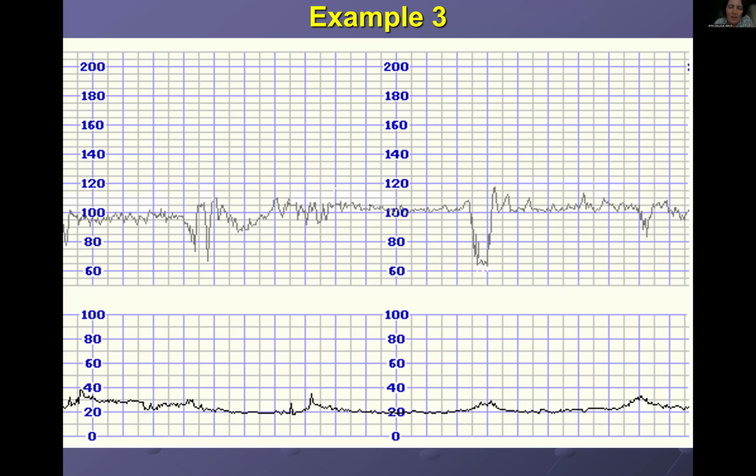So that's your C. So the BRA, the baseline rate, what would you say is the baseline rate? The baseline would be 100. Exactly. And are you worried that it's 100? She's 42 weeks, so for 42 weeks it's kind of acceptable, because she's post dates.